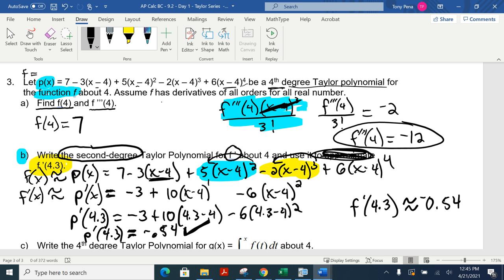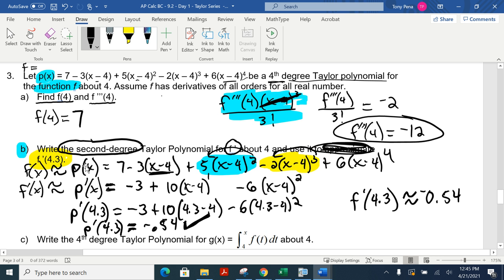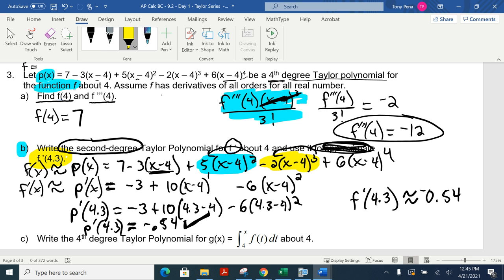So letter B, we took the derivative. If you now go down to letter C, we want to find a fourth degree Taylor polynomial. You're going to call it g of x, and all that is, you're going to integrate this function. Again, this up here is basically the approximation for our function, and this is telling us we want to integrate that now.